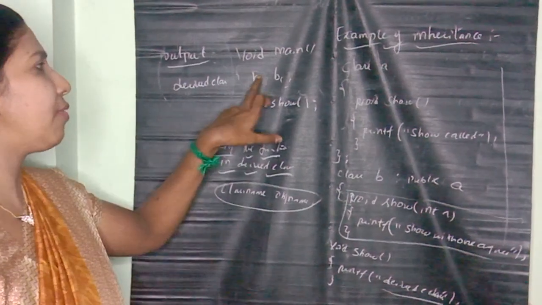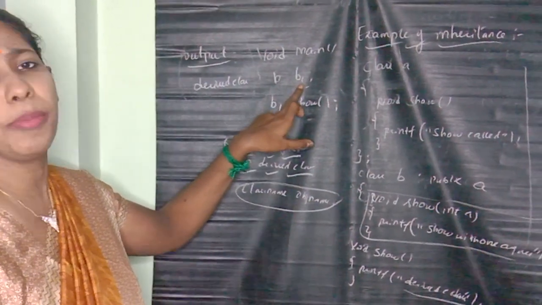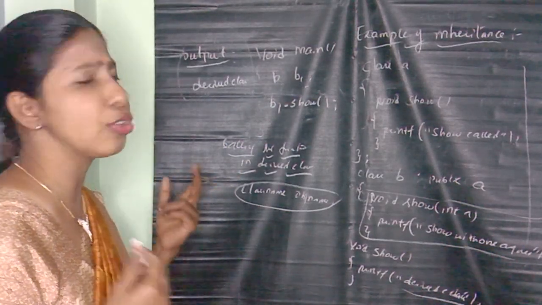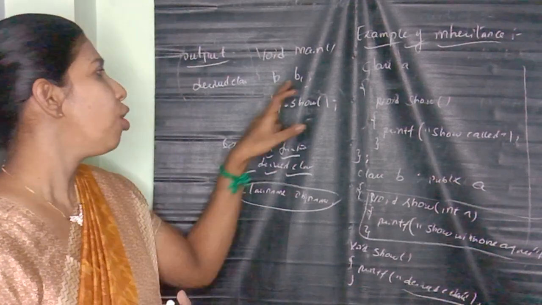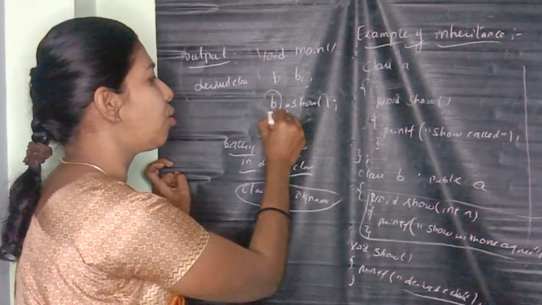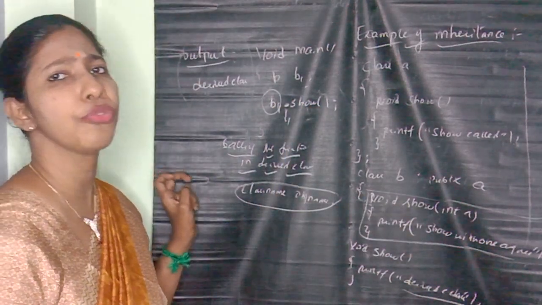I am giving the derived class name. The object name can be any user-defined name. Object name dot is called the membership operator. This is the object name v1, and show of is your function name. Make a note of it.